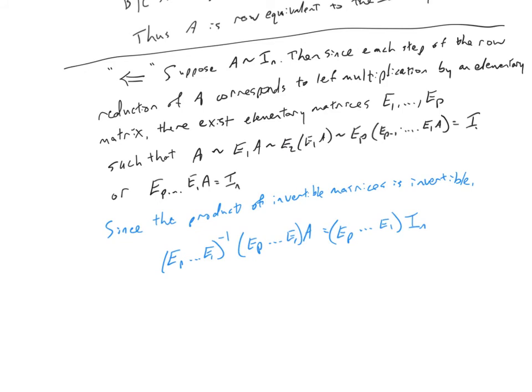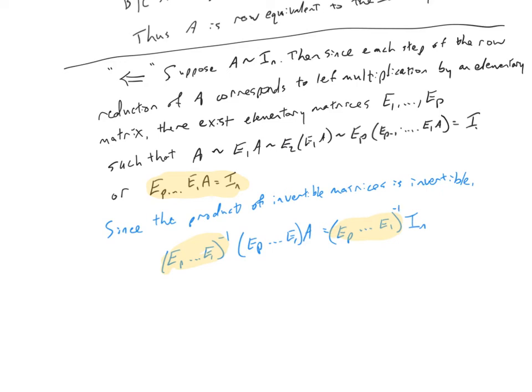Okay, so where did I get that from? I'm taking this equality up here and left multiplying by Ep through E1 inverse. Oh, and I left off my inverse notation there, so let me add that in. Sorry about that if that confused you.